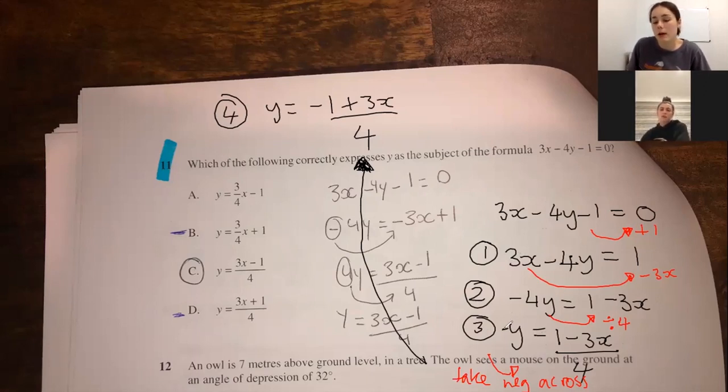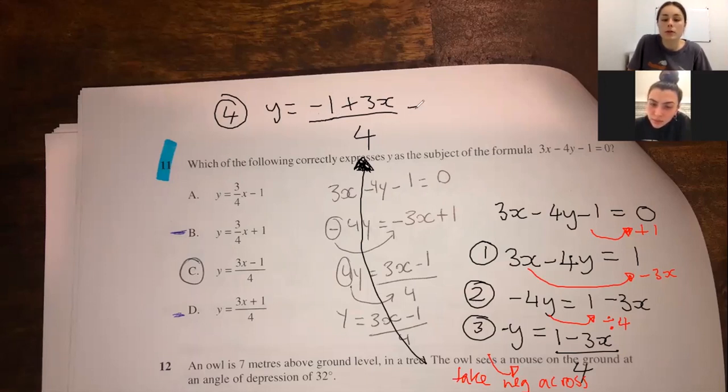Is it cool how I went from step 3 to step 4? Does that make sense? Where you can take the negative across? Yeah. And so when you erase the negative from this side, you just have to change the symbols on the other side. So then it'd become negative 1 plus 3x over 4.